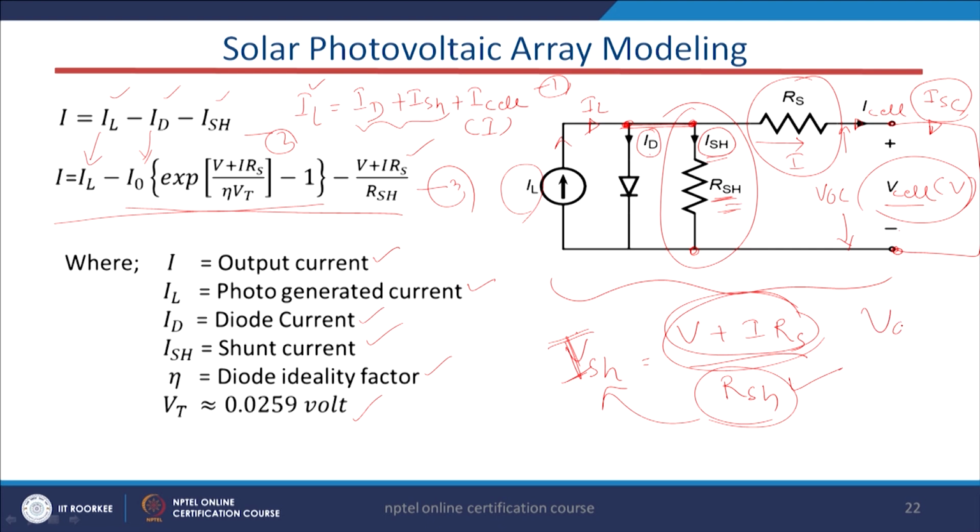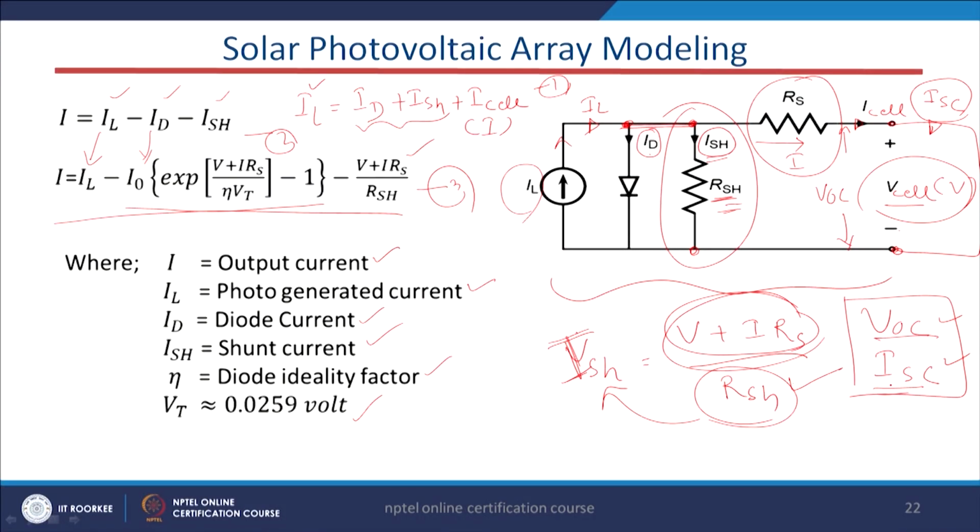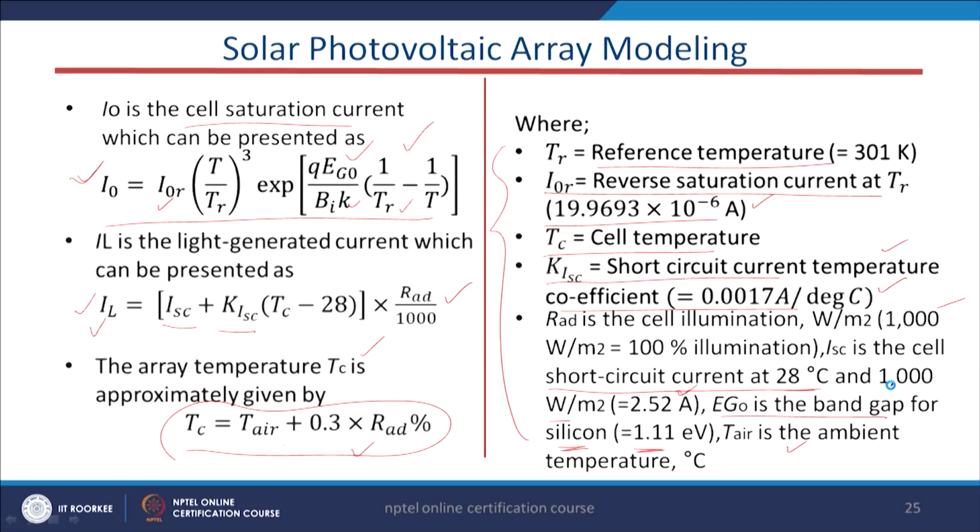The open circuit voltage and I short circuit are very essential quantities. When the manufacturer manufactures a solar cell or solar panel, they have to specify the values of these two quantities, the open circuit voltage and short circuit current of the solar panel. So, these are the expressions for the saturation current and the light current, and these are the corresponding symbols.